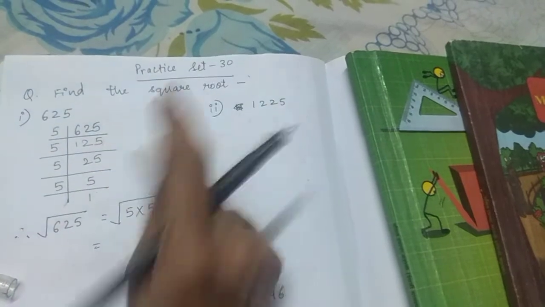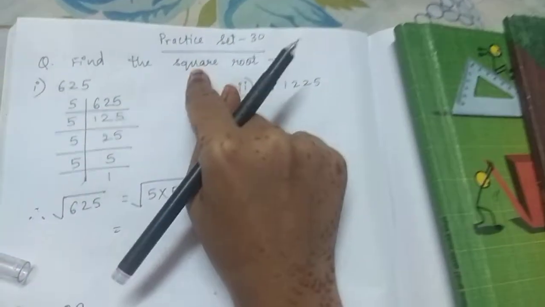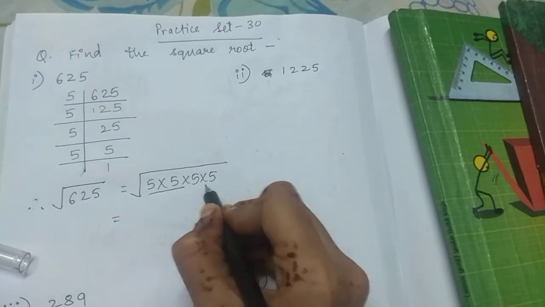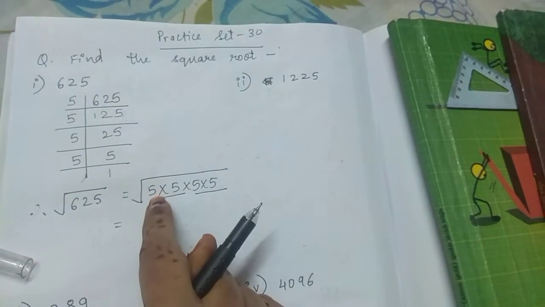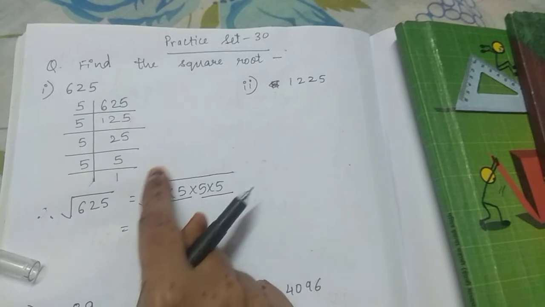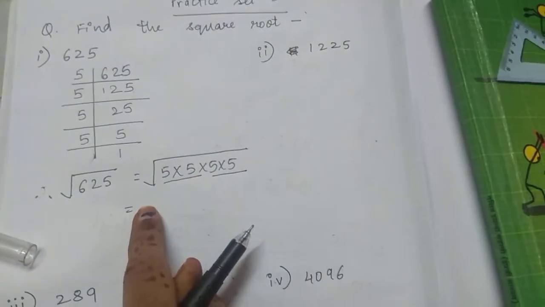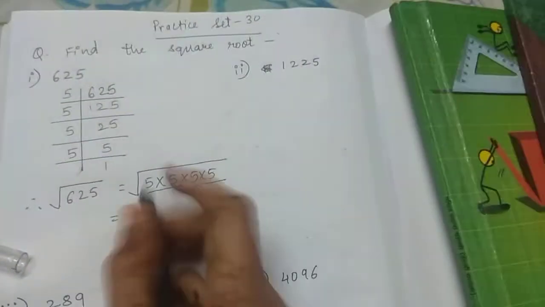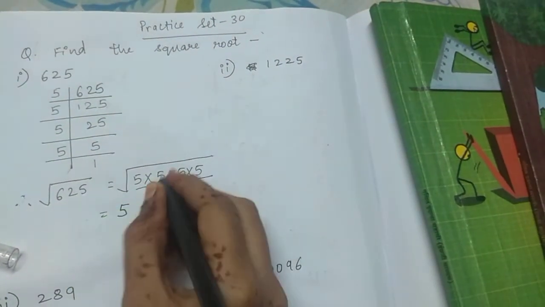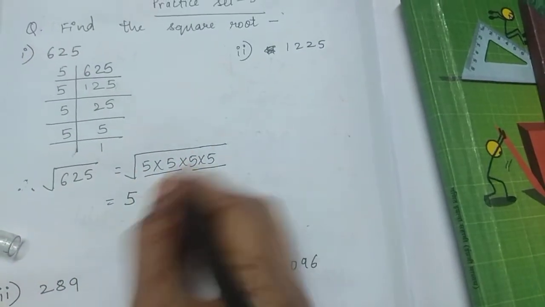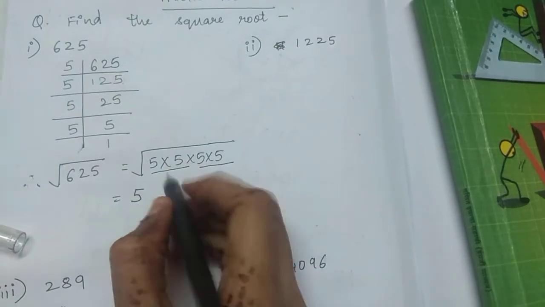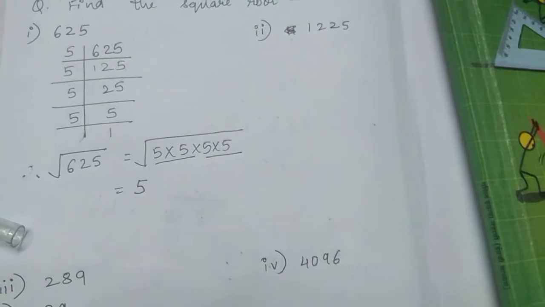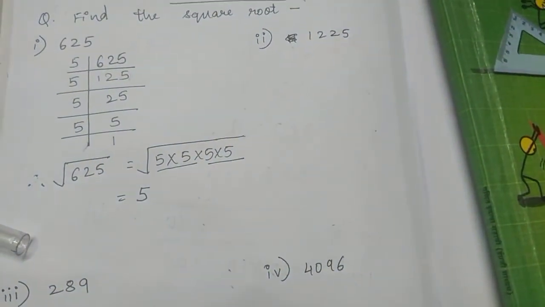Now since it's a square root, we will take pairs of two numbers. So here there are two 5s and here there are two 5s. Out of two 5s, one 5 will come out of the square root. When we are taking out the number from the square root, we won't be putting the square root again, neither the index 2.